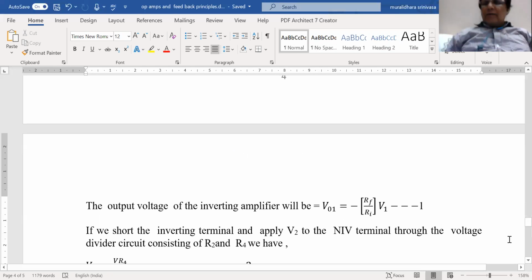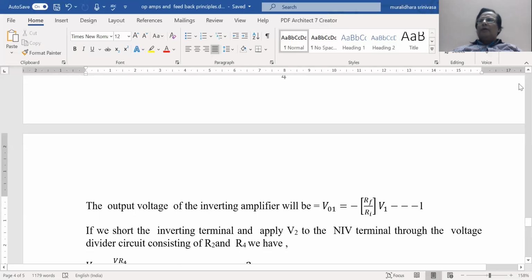So these are some of the things we wanted to discuss in this session. We have looked at the concepts of positive and negative feedback. We have looked at the characteristics of these feedback maneuvers. We have looked at negative feedback in great detail.